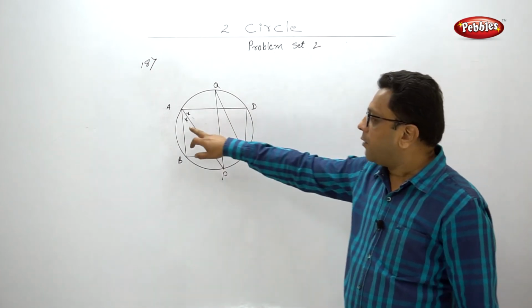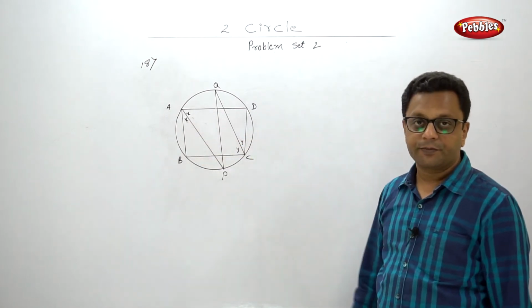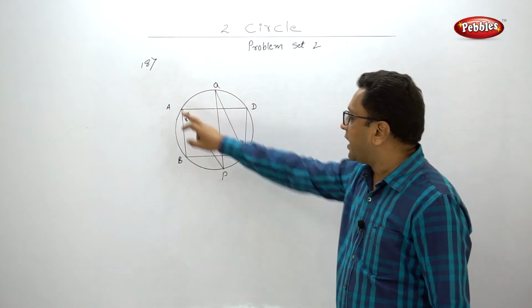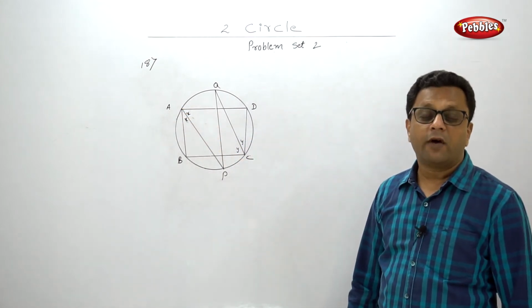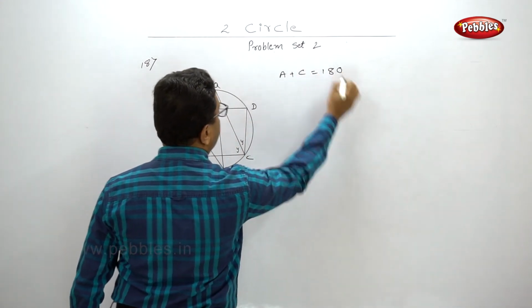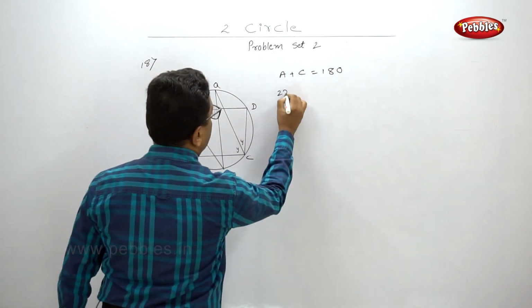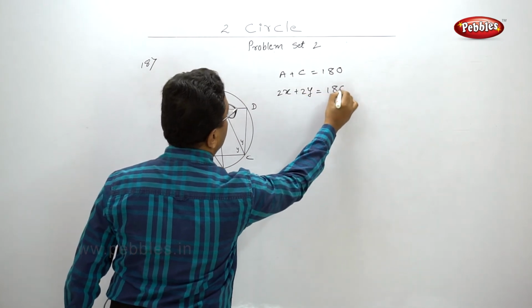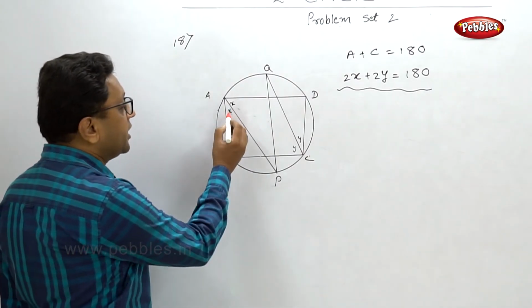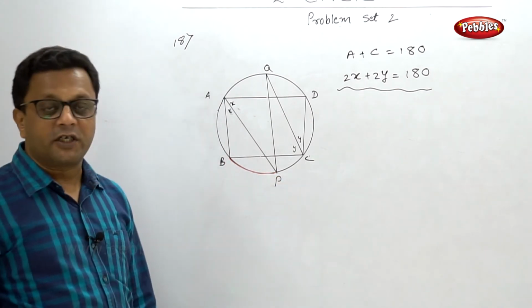Now, I have written x and x, and y and y, because these are the angle bisectors. We know that this is a cyclic quadrilateral, so angle A plus angle C is equal to 180 degrees. A is nothing but 2x, so 2x plus 2y is equal to 180 degrees. Now this is an angle inscribed in this arc BP. So what will be the measure of this arc BP?